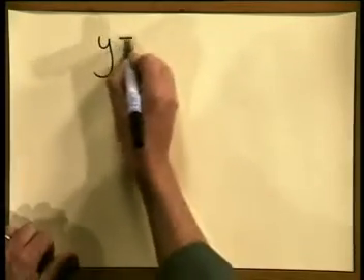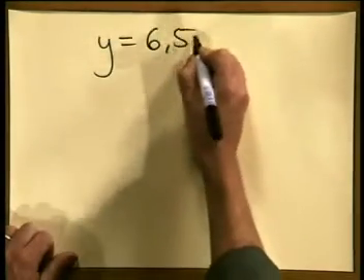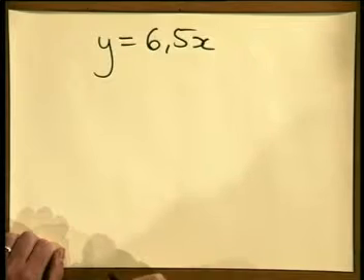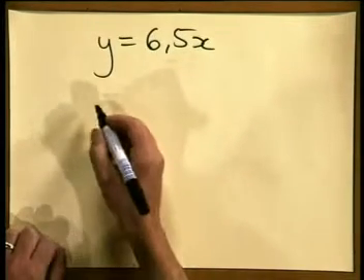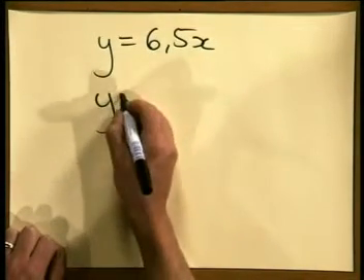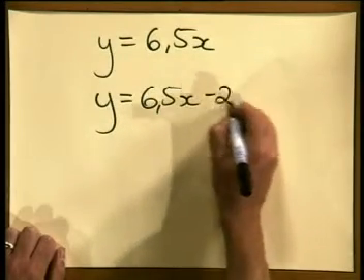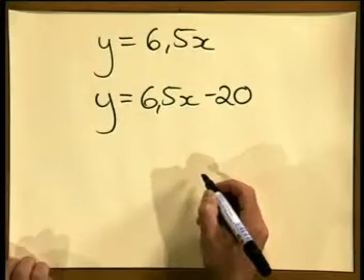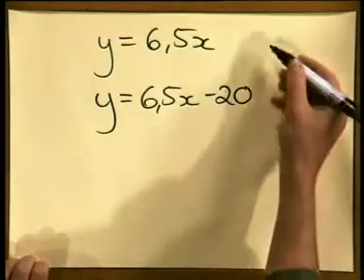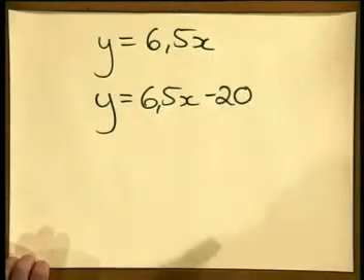Now let's write both these equations down so that we can compare them. In the first lesson, we worked with y is equal to 6,5x. In the second lesson, we were working with profit, and the equation then was y is equal to 6,5x minus 20. Now, what do you see that is the same in the formulae?